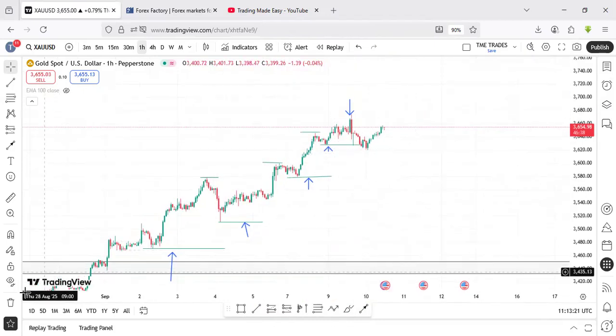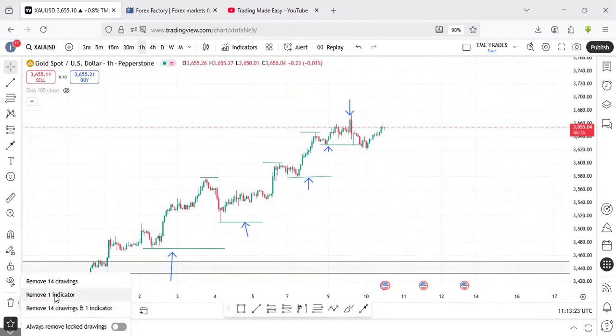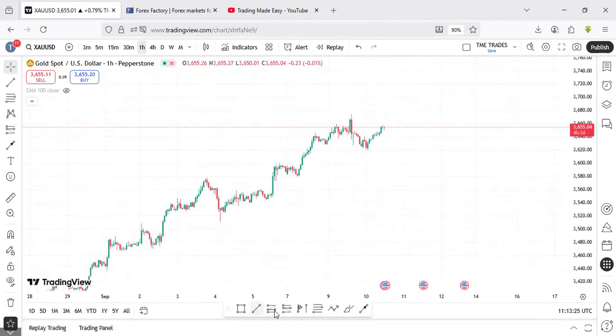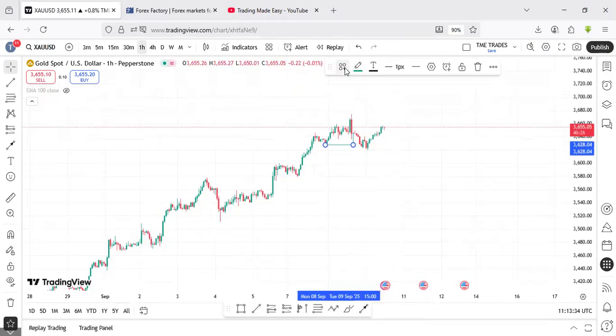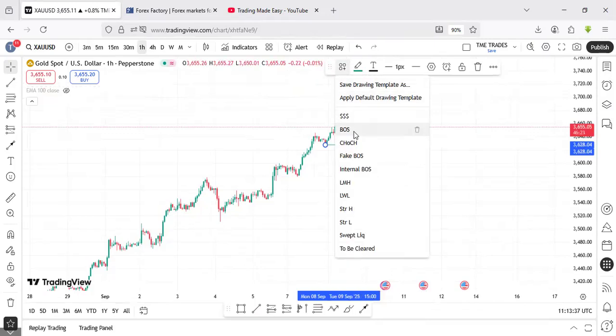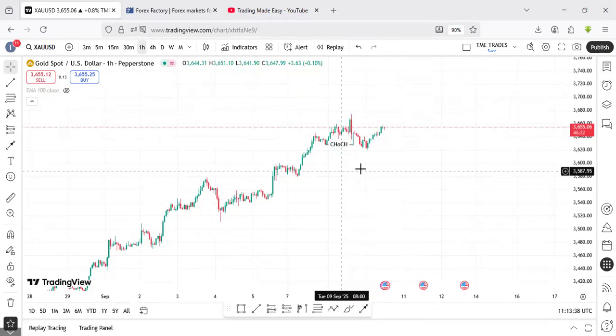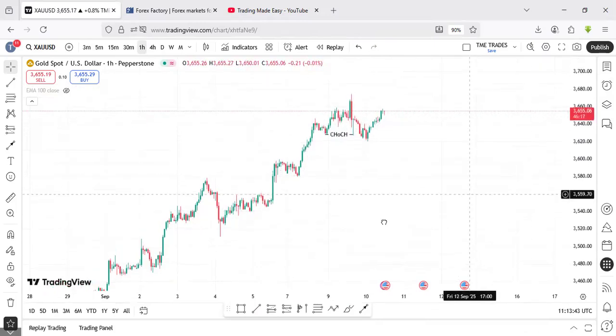So we are going to remove all these things and take this as our change of character. The character of that market was changed there. Now, seeing this, what do we expect?